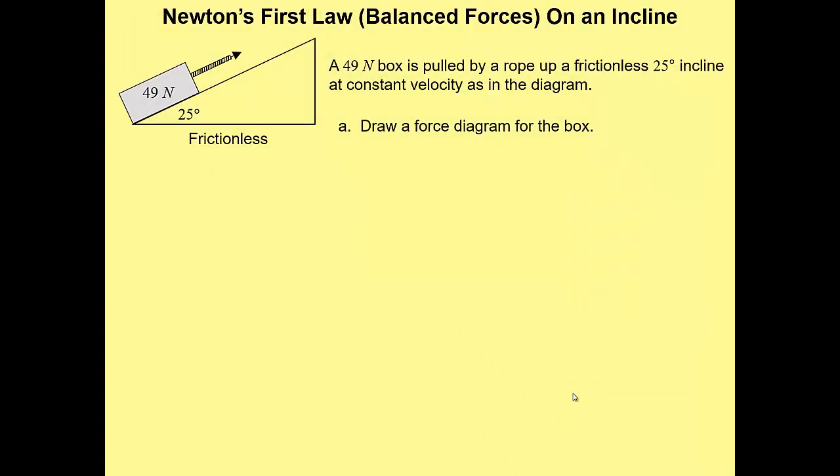Now let's draw the force diagram for the box. Just like we did last time, we're going to rotate the axes so that they are parallel and perpendicular. Right? And by doing that, we'll make the motion of the box one-dimensional. Here we go, ready? Now I have to rotate them the other direction because of the way my drawing is.